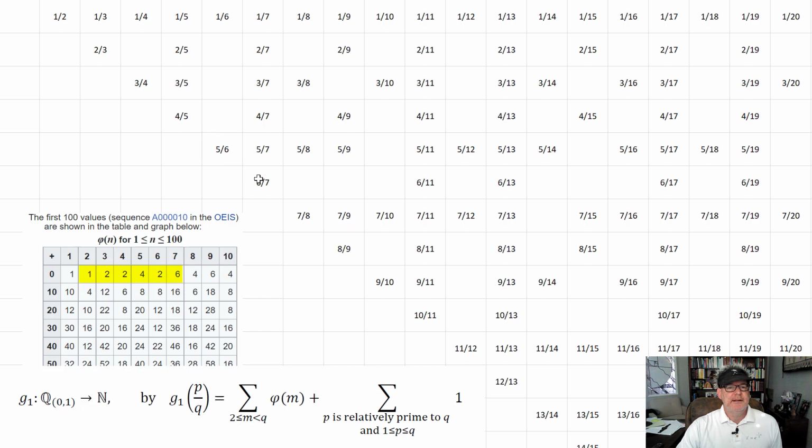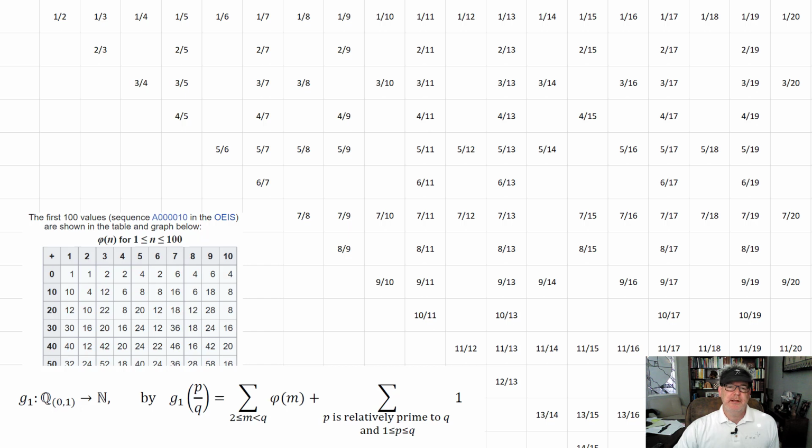And that's 17. And then, so say if I have 5/8, then I need to go 17, 18, 19, 20. So 5 is the third integer that's relatively prime to 8. So 5/8 will be the 20th number.